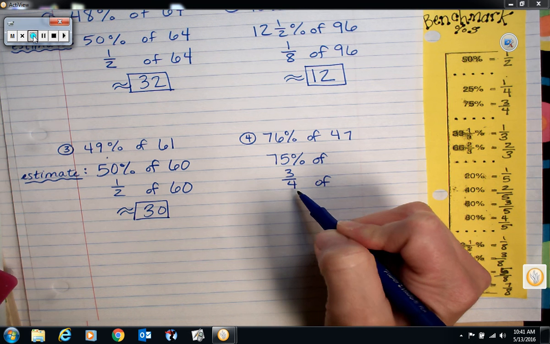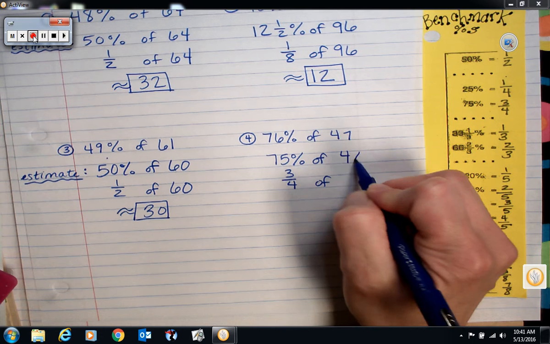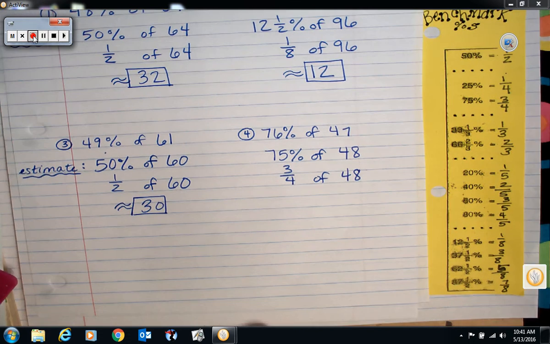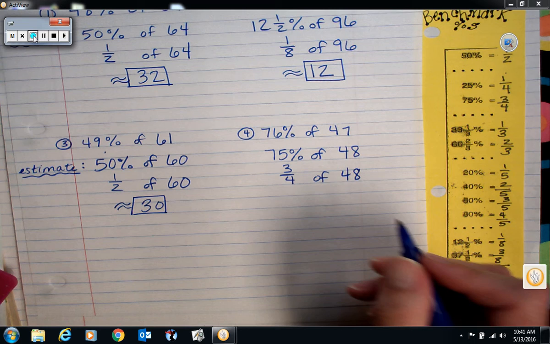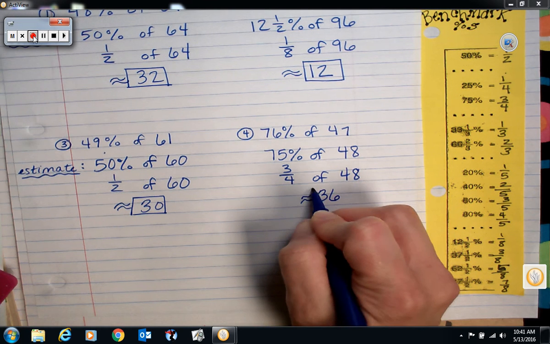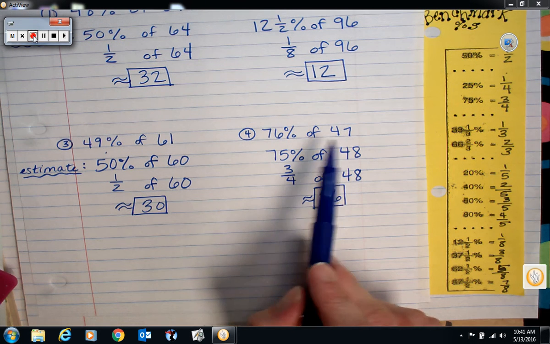So the closest multiple of 4 to 47 is 48. And I'm looking for 3/4 of 48. 1/4 of 48 is 12. So 3/4 of 48 is going to be 36. So then I know that an estimate of 76% of 47 is 36.